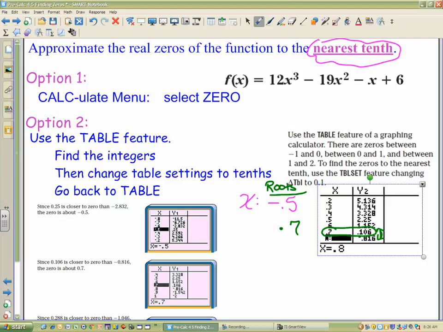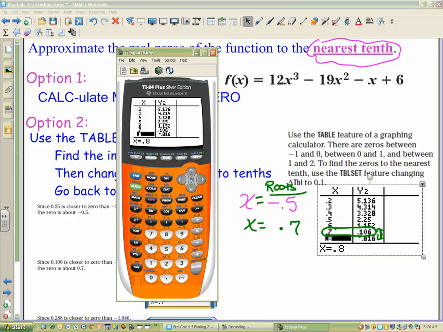And then there is one more, so grab that graphing calculator, keep scrolling. Now that I'm in negatives, I'm looking for it to flip back to positives. And right there, between 1.4 and 1.3, I get a sign change on my y values from going from negative to positive, so I know there exists a sign change right there.